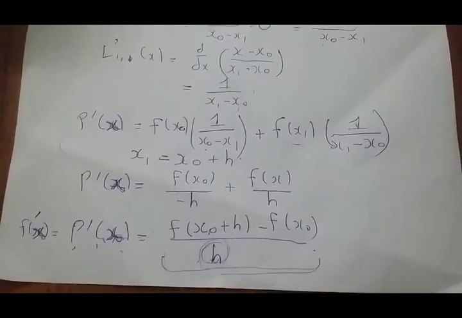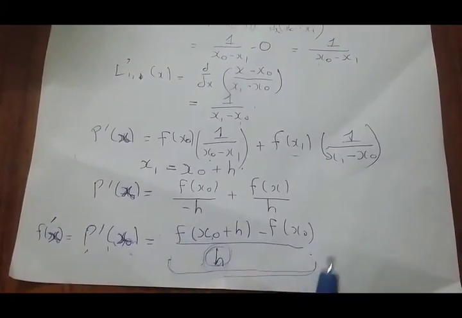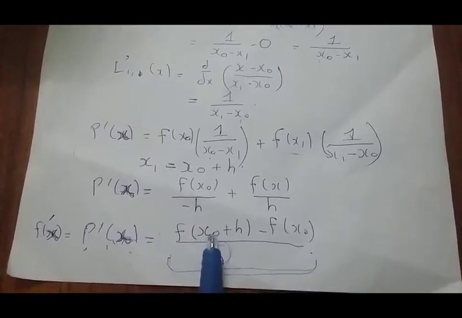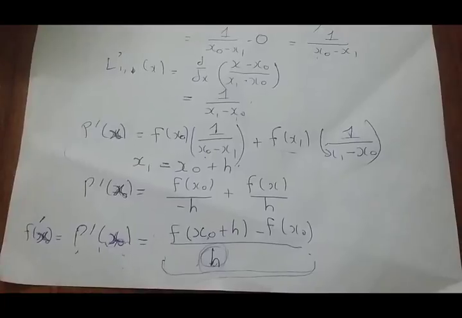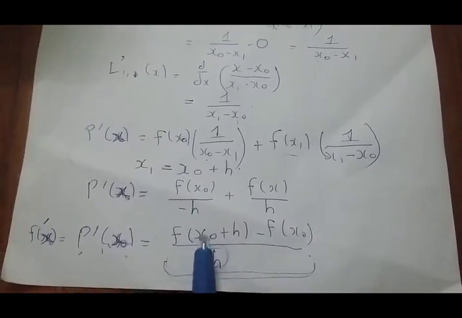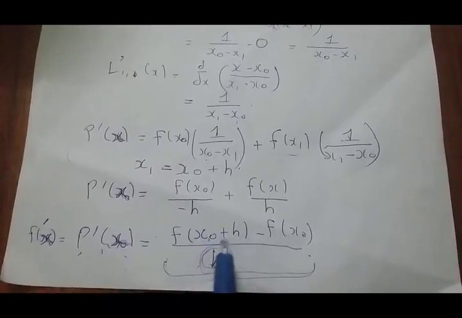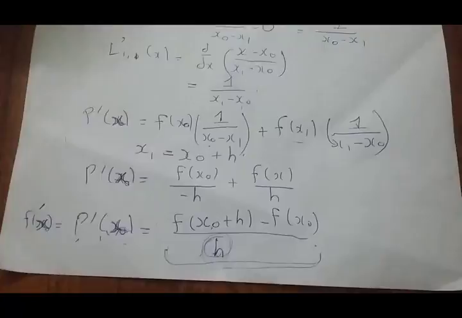So basically we have written this formula in terms of a single point x0. If we are provided with the function and a single point x0, we will be able to approximate the value of the derivative of the function at this particular point x0.